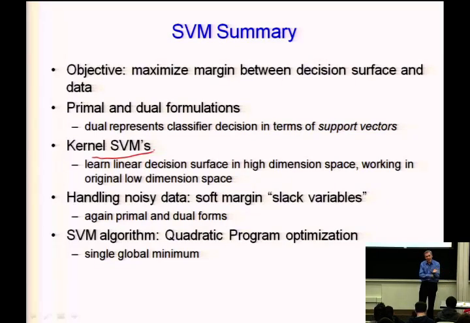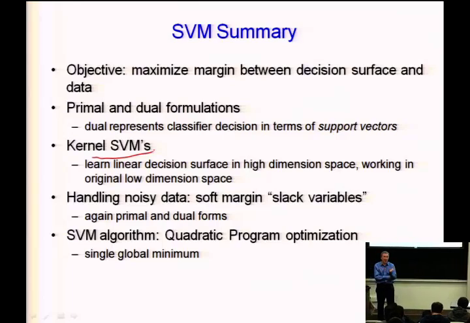People have extended them in several directions. For example, people work with support vector regression in addition to classification. If you search on support vector in the research literature, you'll see lots and lots of papers extending this idea and kernel methods in general in a lot of directions.